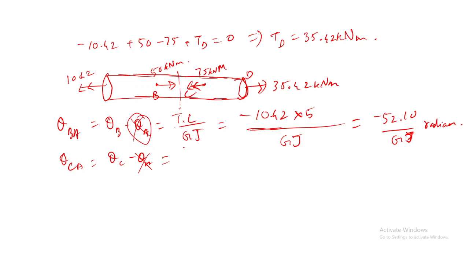How can I find the angle of twist at C? With respect to D also I can find it, right? For example, this is the CD section, and here I have this torque, 35.42 Newton meters.